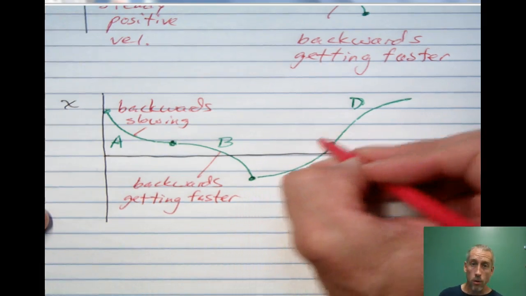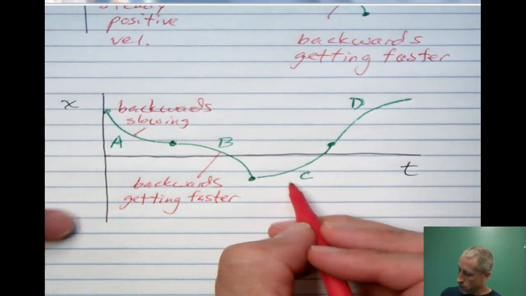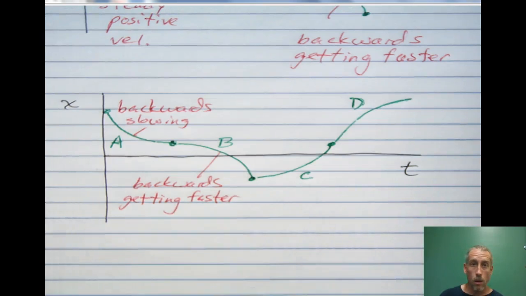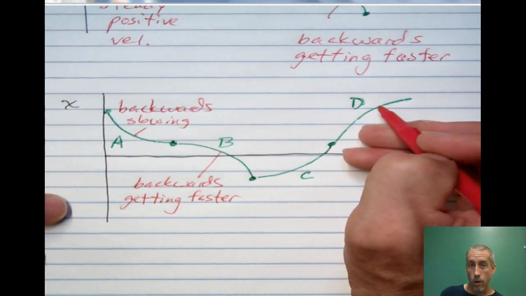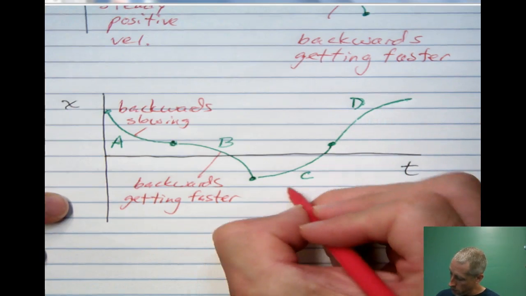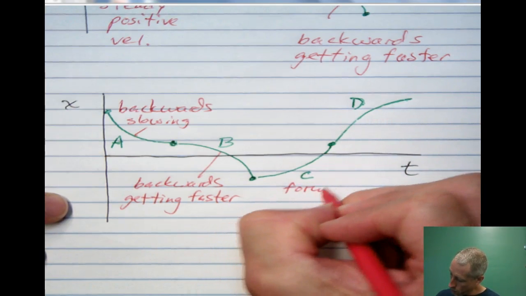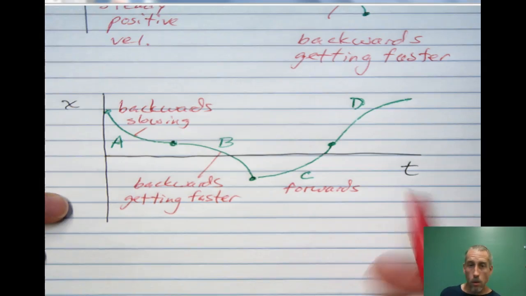So here are the other two, C and D. So if you want to try this yourself, maybe spoiler alert, I'm going to describe what these are, but maybe pause it here and see if you can figure out these. Certainly both of them are heading upwards on the graph. And so that means they're both moving forwards. But look at the slope.